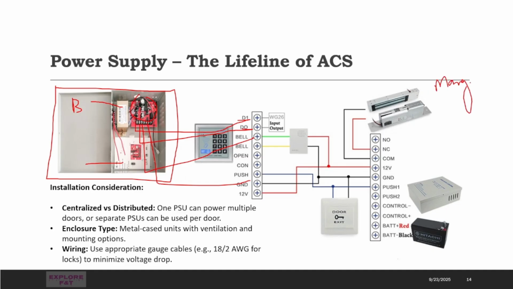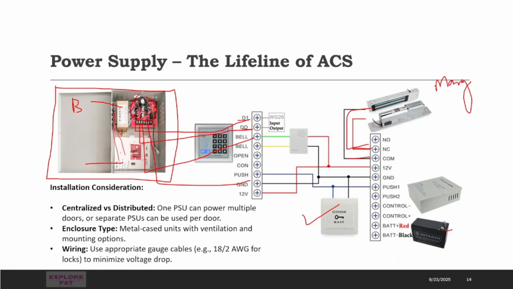Okay, and they are going to connect with one common, one NC. And here this is a button battery, very small, but I think this is just particular for some project.